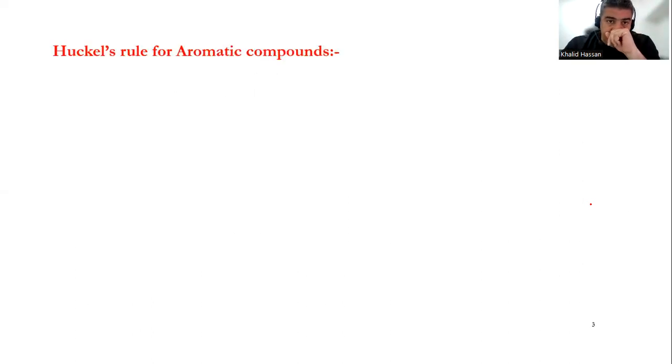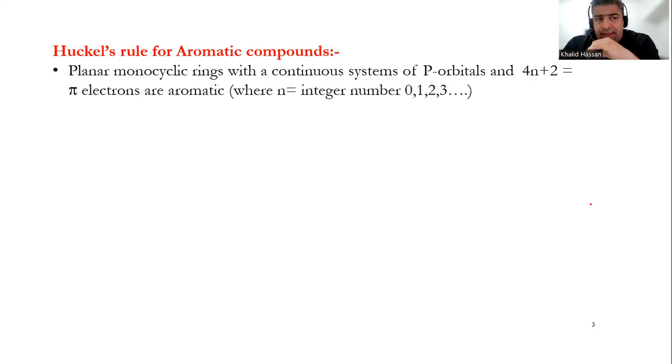Okay, let's go. First of all, how do we decide the aromatic compounds? According to the Hückel rule, which states that a planar monocyclic ring with a continuous system of p orbitals, and following 4n plus 2 equals the pi electrons, is aromatic. So what are aromatic compounds?